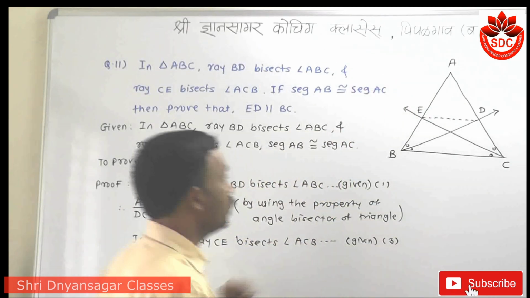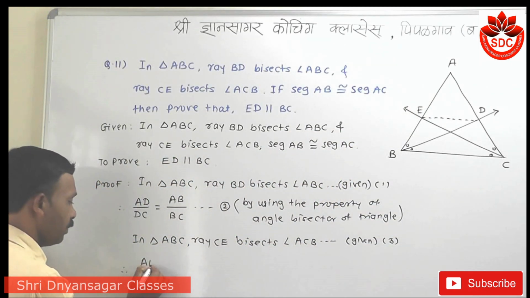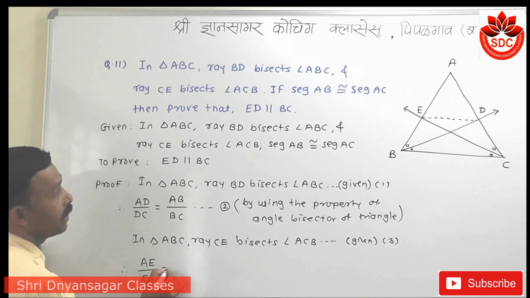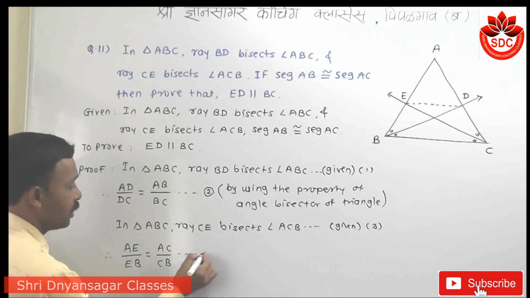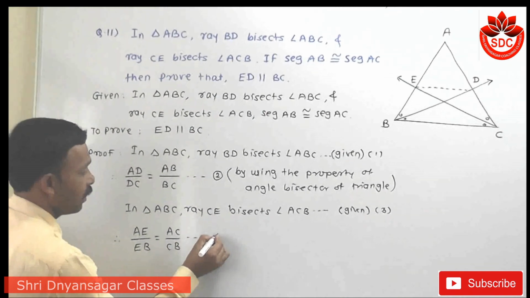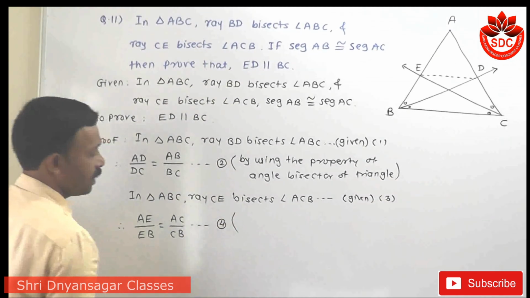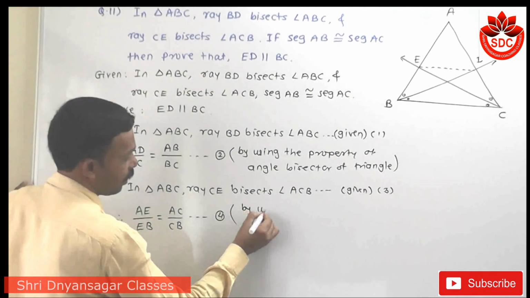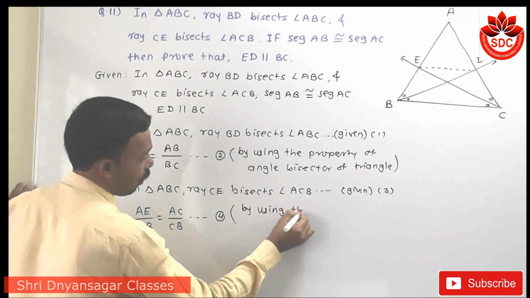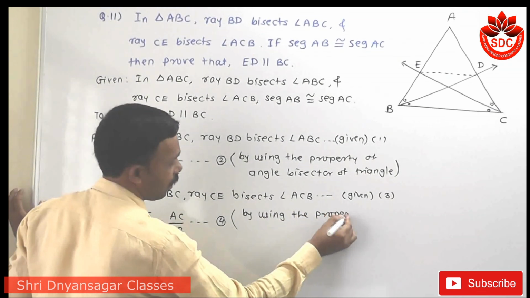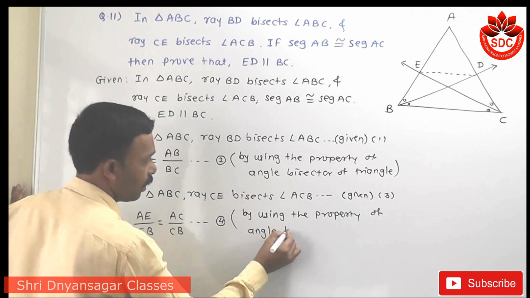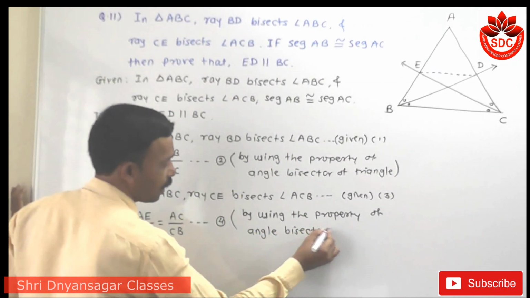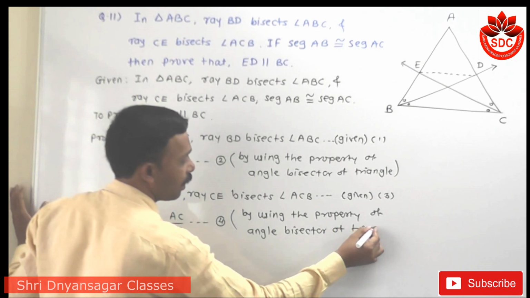So first I take this ratio, meaning that AE upon EB is equal to AC upon CB. This is equation number, suppose, fourth. The reason is by using the property of angle bisector of a triangle.